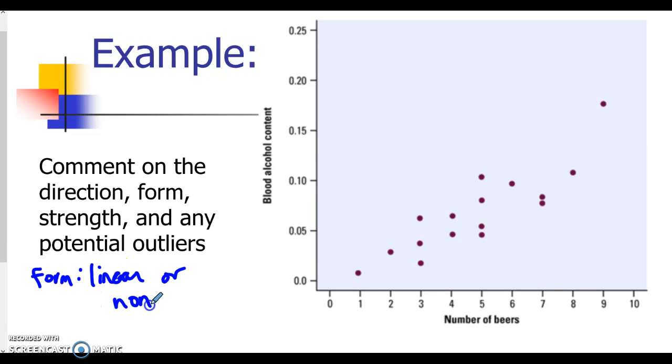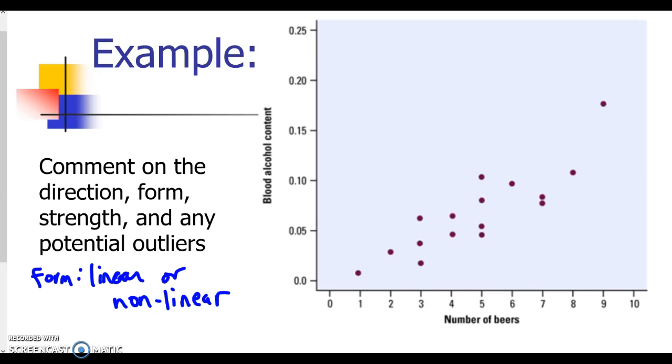If it's nonlinear and you can describe what type of function the points in the scatter plot are modeling, then you could feel free to say, instead of nonlinear, you could say exponential or logarithmic, okay? But if you're not sure, then just play it safe and say it's nonlinear.